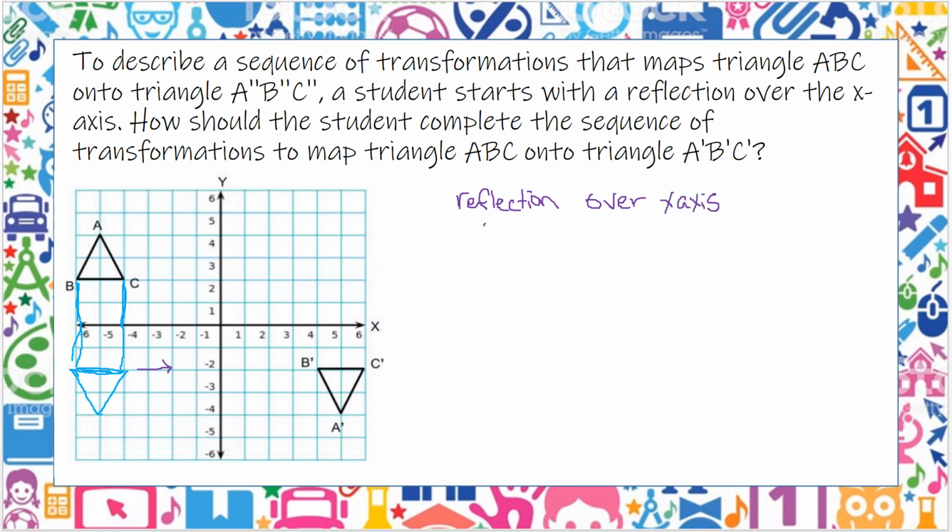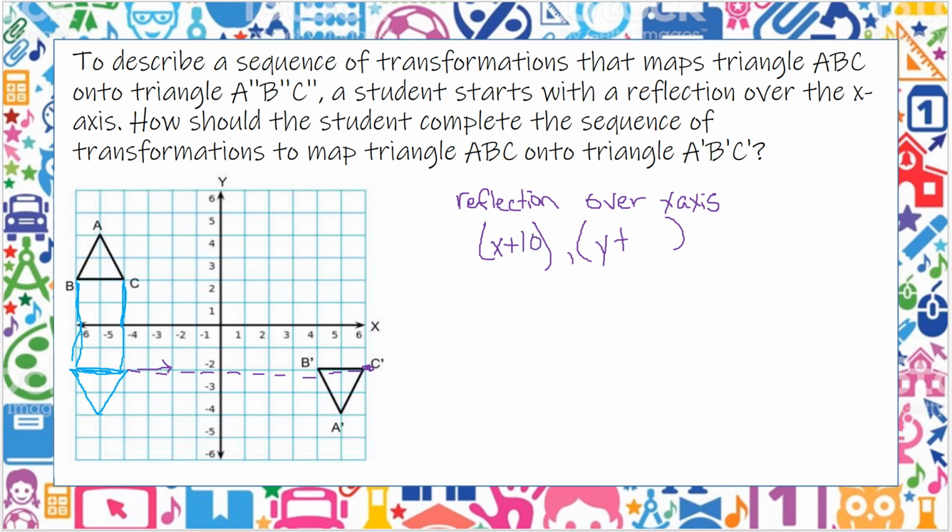And then let's see what we're going to do to our x's and our y's. So we're going to have to move it 1 spot, 2 spots, 3, 4, 5, 6, 7, 8, 9, 10. Because we started from point C, we're going to have to move it 10 spots to the right.